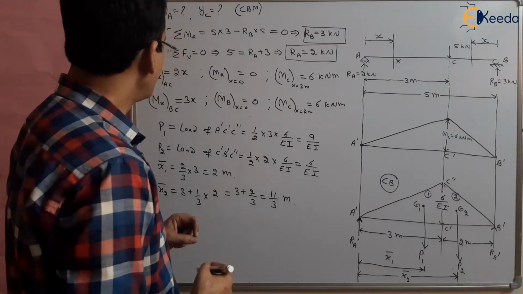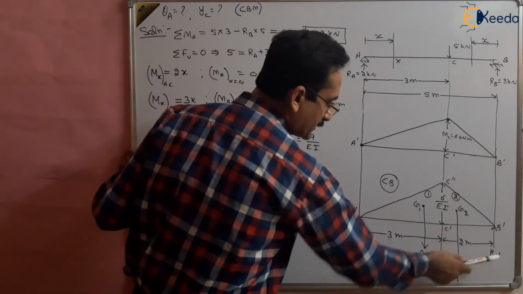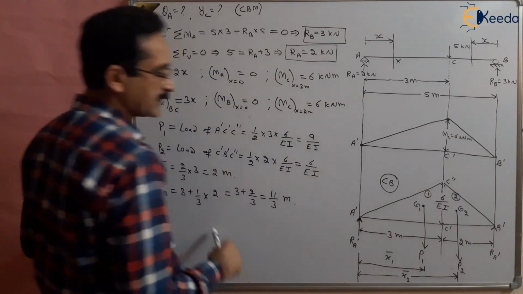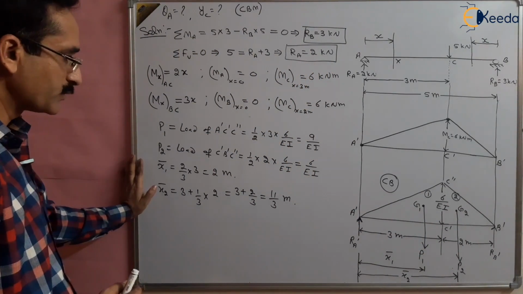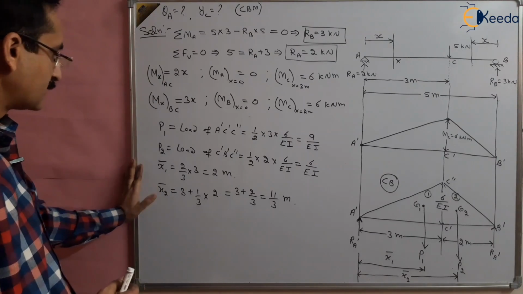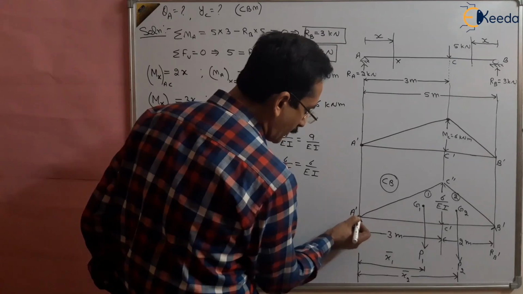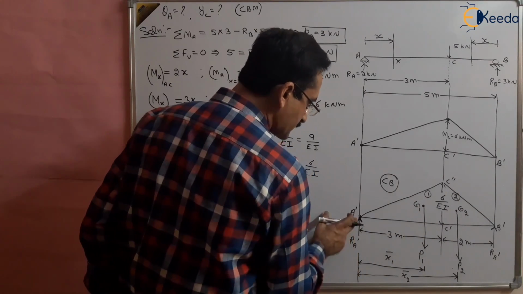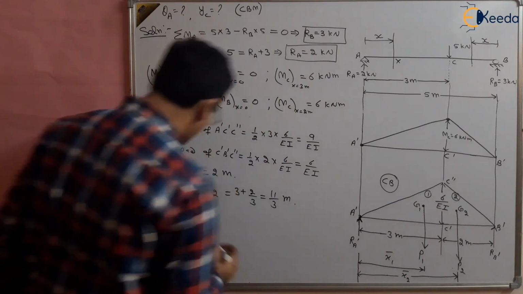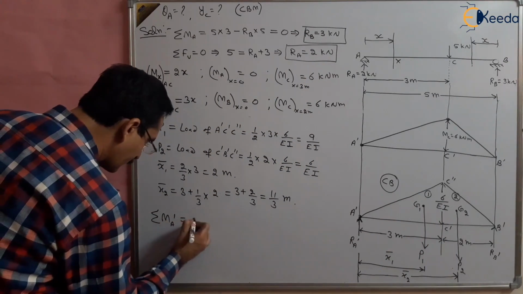Now we have to find out the reactions at points A dash and B dash. To find the reaction, take moments about any point, say point A dash, and that moment should be equal to 0. So sigma M A dash is equal to 0.